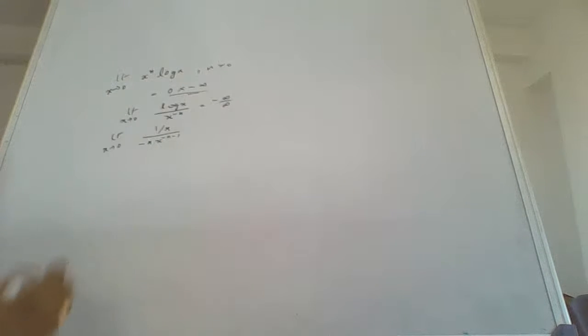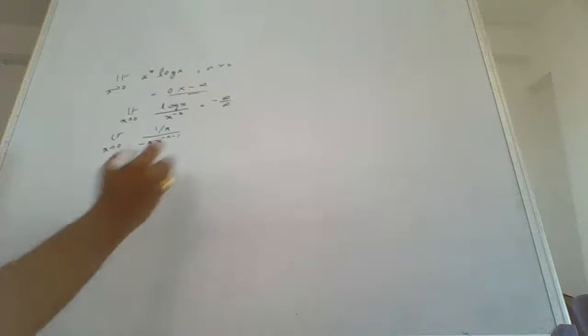If I simplify this further, x gets cancelled, so I have x to the power of n, and this would be again 0. So this is the solution for that. I hope you understood this.